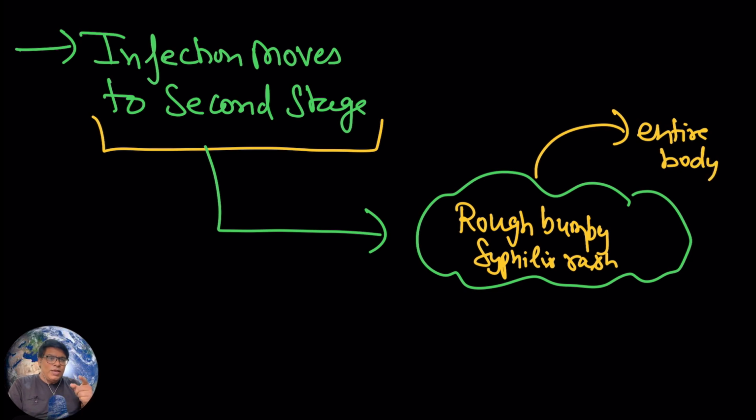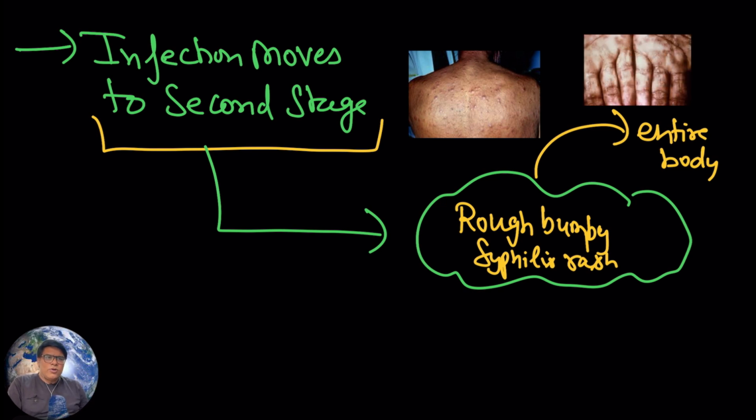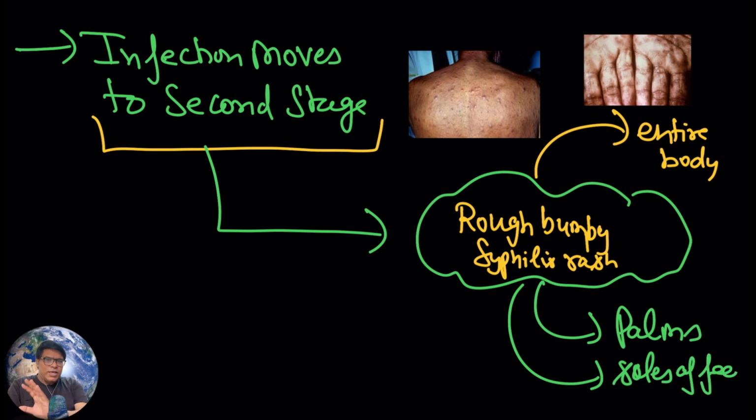Person B, in the second stage, is going to have a rough, bumpy syphilis rash, and it will appear on the entire body, or on the palms and soles of the feet. So in the first stage you have small, painless chancres, but in the second stage you see formation of a rough, bumpy syphilis rash on the entire body. Hopefully this is clear to you.